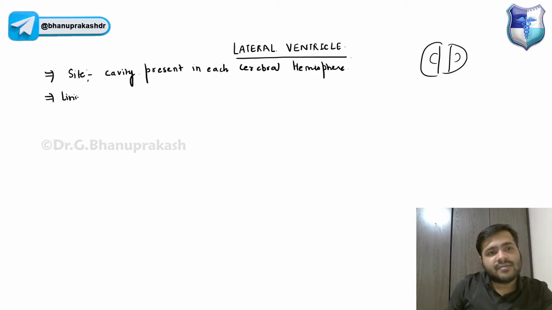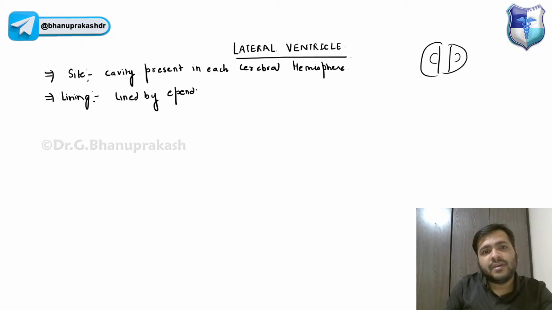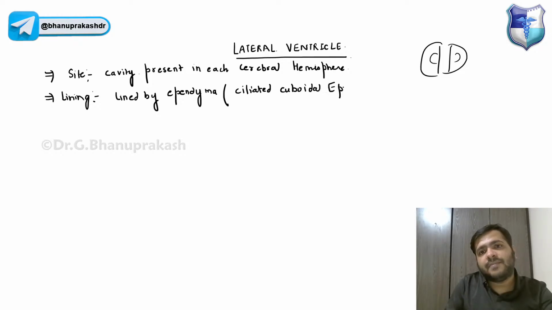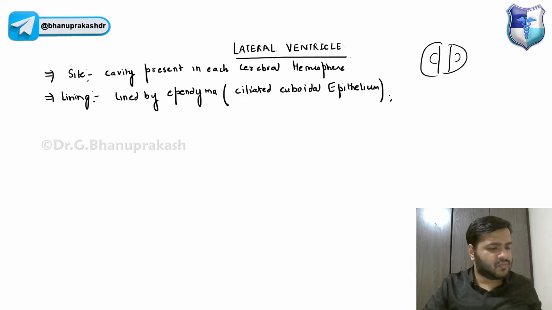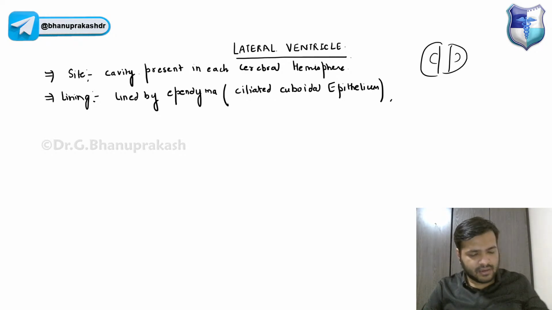First, let us just discuss the lining. It is lined by ependyma. Ependyma basically means the ciliated cuboidal epithelium. It is lined by ependyma, that is the ciliated cuboidal epithelium, right?